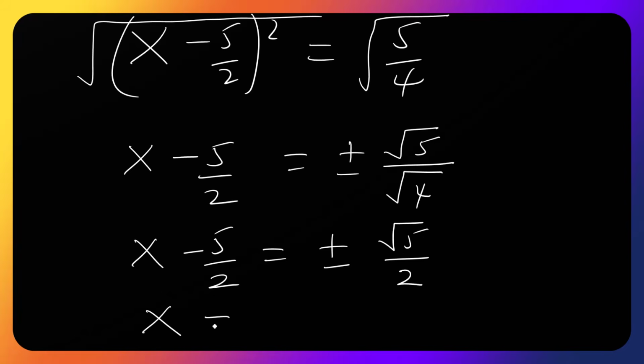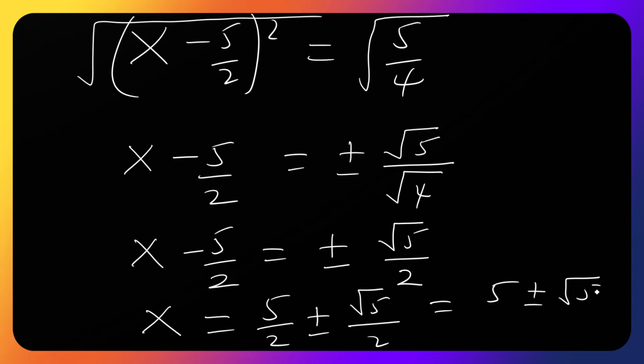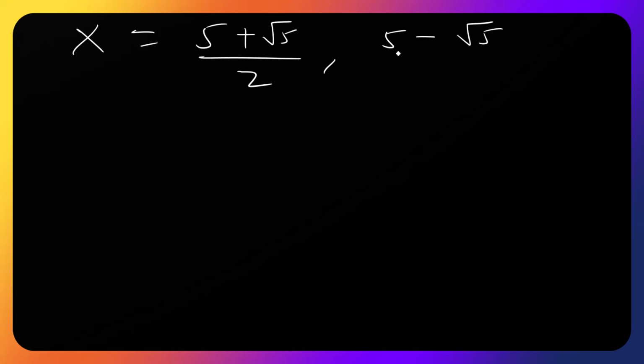And the same as x equals 5 on 2 plus or minus square root of 5 on 2, the same as 5 plus or minus square root of 5 on 2. So that is x. We have two answers for x: 5 plus square root of 5 on 2, or 5 minus square root of 5 on 2.